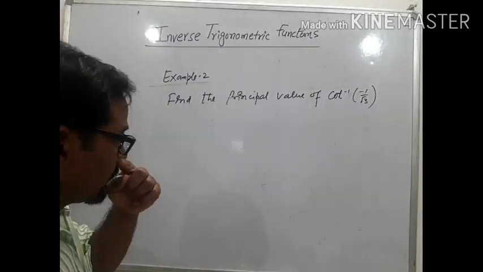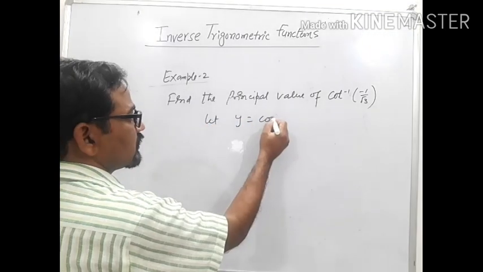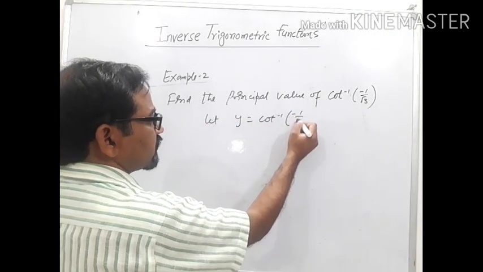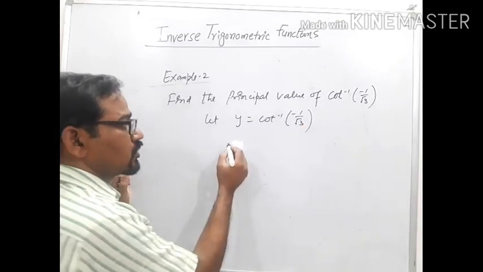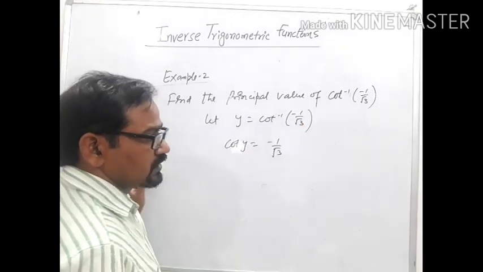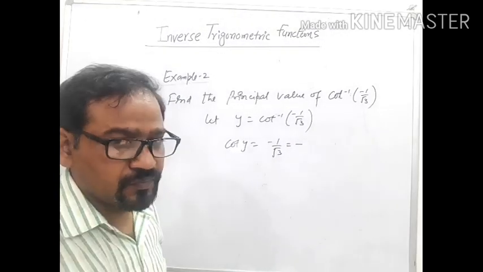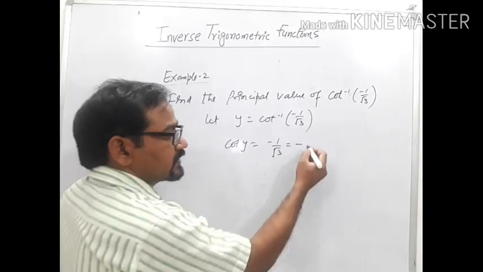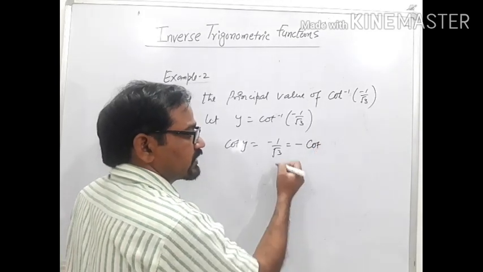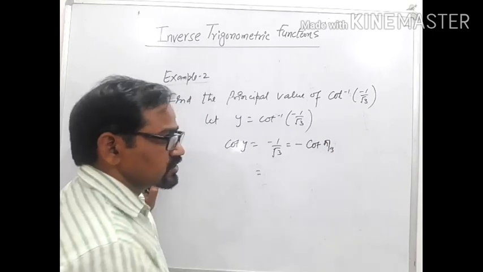Similarly to example 1, we solve it. Let y equal cot inverse minus 1 by root 3. Then cot y equals minus 1 by root 3. Since we know that cot pi by 3 is 1 by root 3, we can write this as minus cot pi by 3.